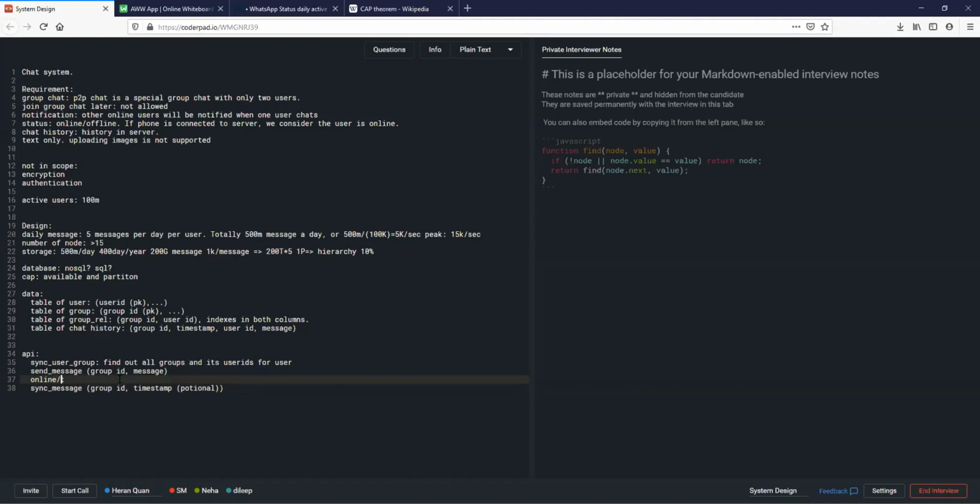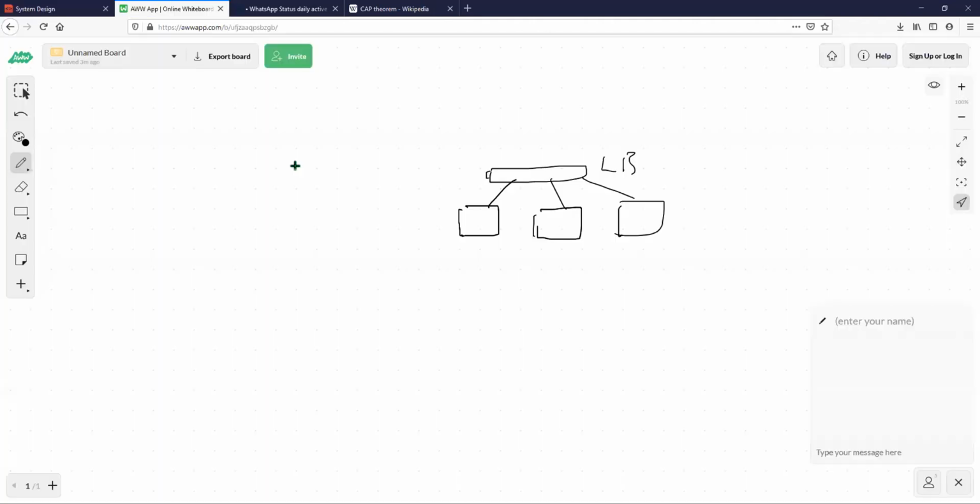What do you guys think? So I can periodically tell the server that I'm online, for last seen. Yeah, maybe, but last seen is not very important here. But anyway, I have four main APIs here.